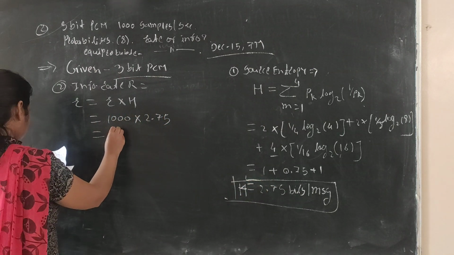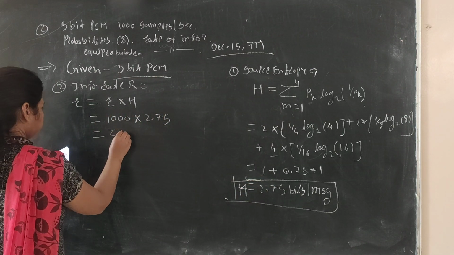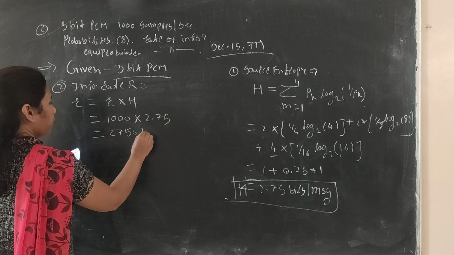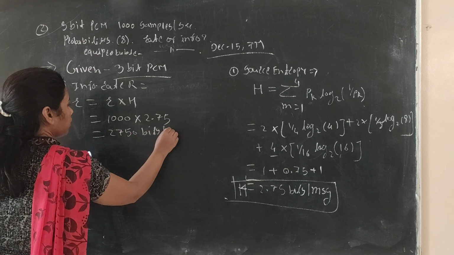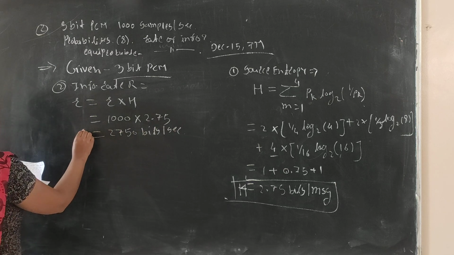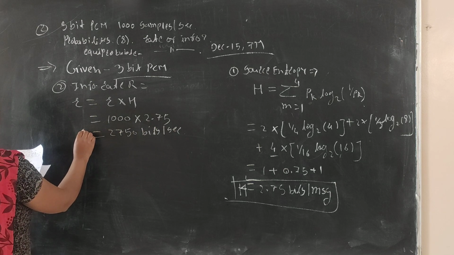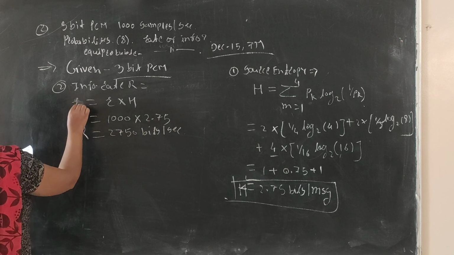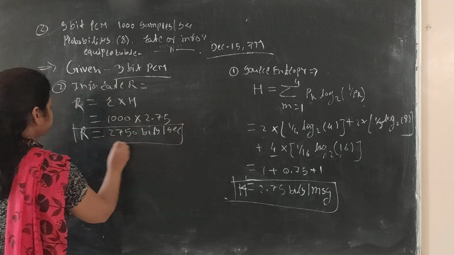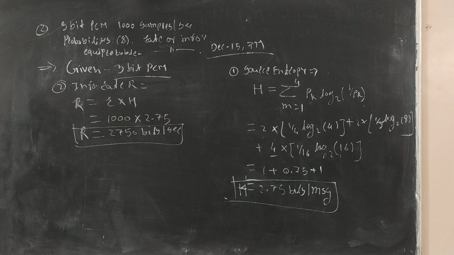By calculating this, we get 2750 bits per second. This is the capital R, not the small r. Here we get information rate R as 2750 bits per second.